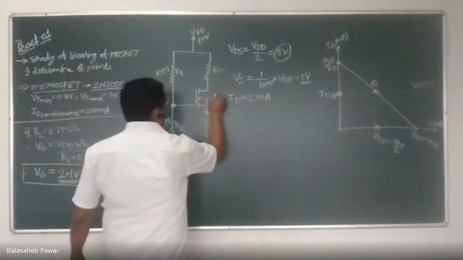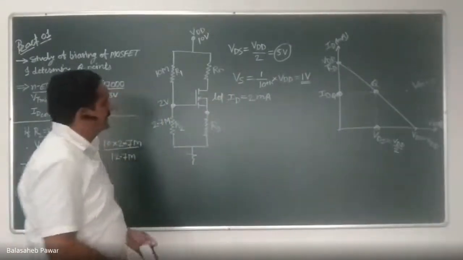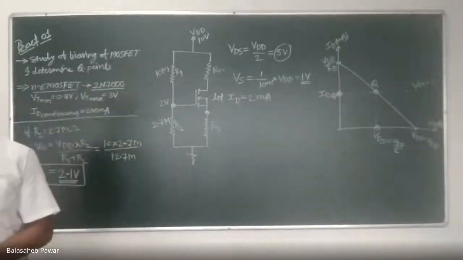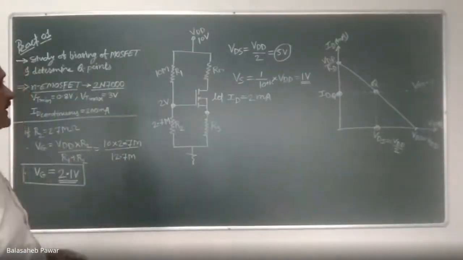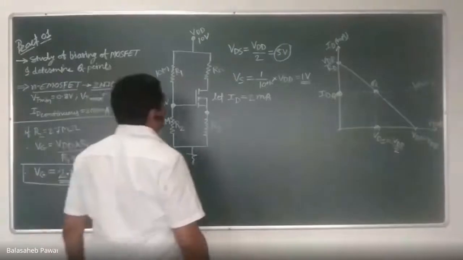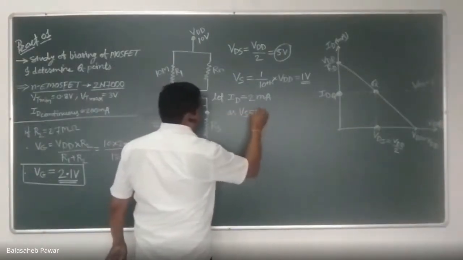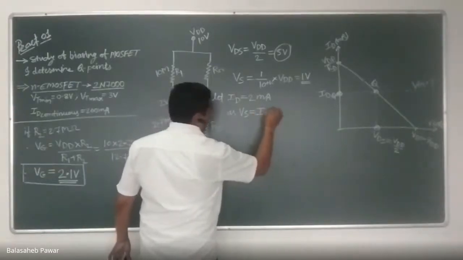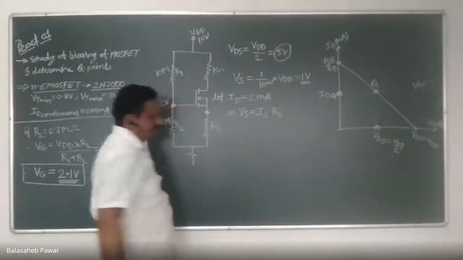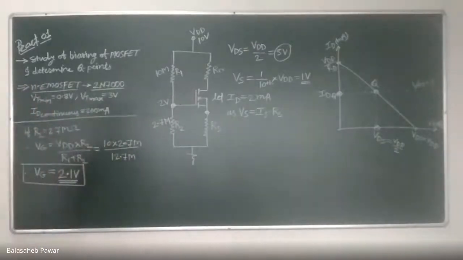Next line, add Vs equals Is into Rs. As Vs, that is the voltage at the source terminal, will be equal to the source current into the source resistance, that is Is into Rs.